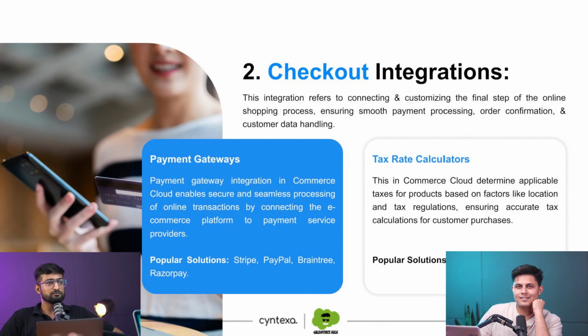So you can manage that in Salesforce Commerce Cloud itself and avoid this particular integration. But if you want to automate this process as well, you can definitely go for integrations like Avalara or TaxJar. But if you're living in California, you might need to change it very often. So if you're covering California, you might need those particular integrations. And even the shipping rates change very frequently on a regular basis.